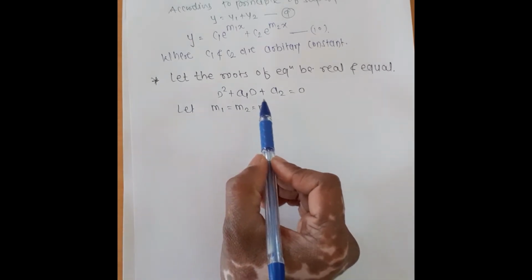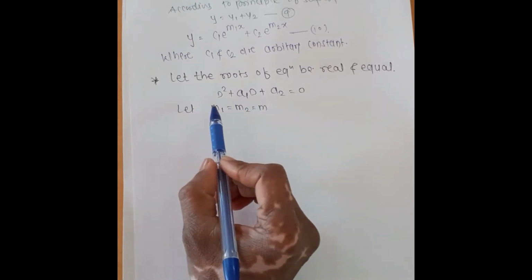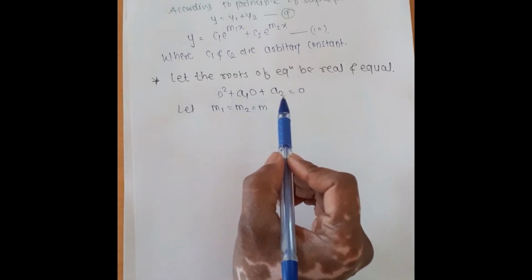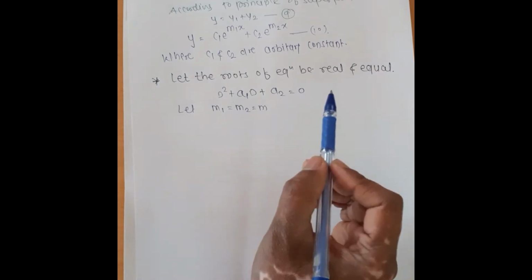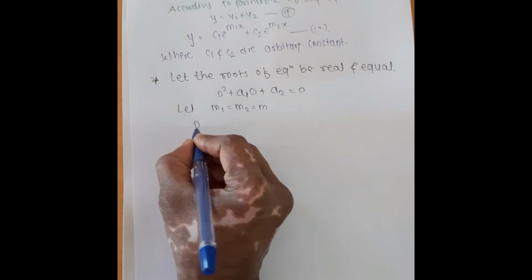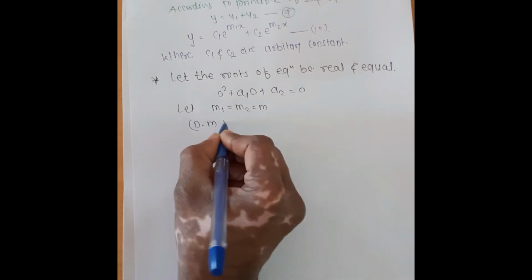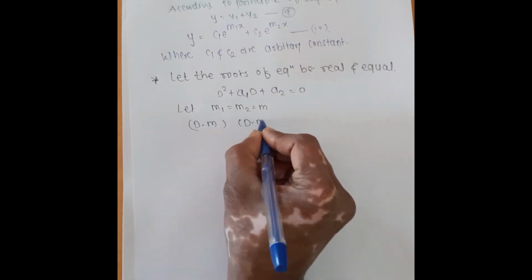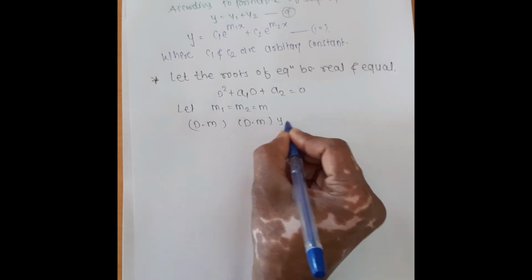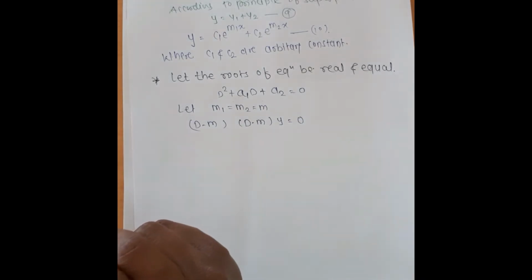Now we modify the equation D squared plus a1 D plus a2 equals 0 as (D minus m)(D minus m) of y equals 0.